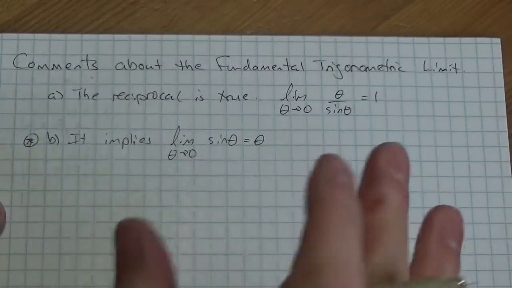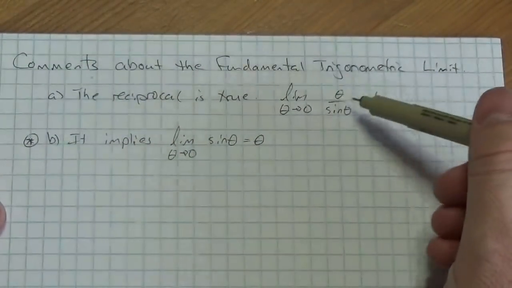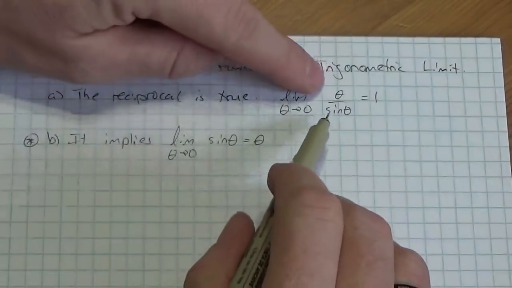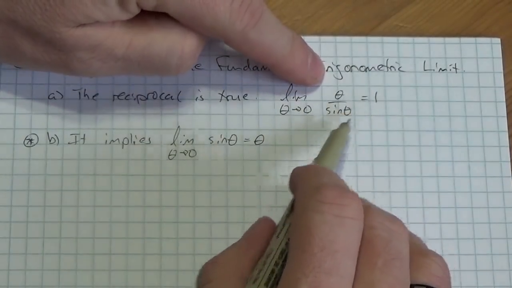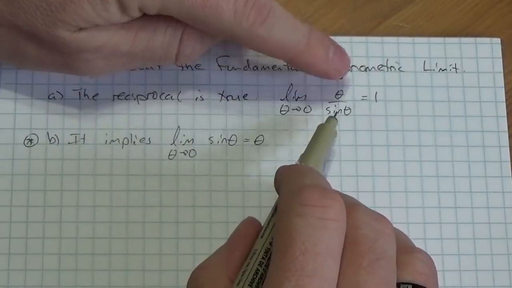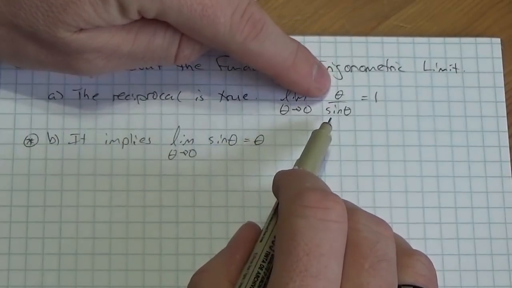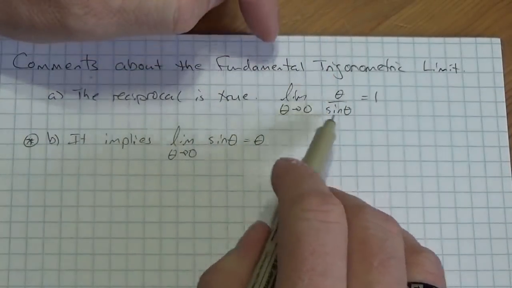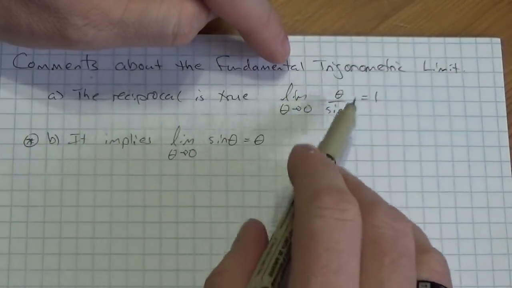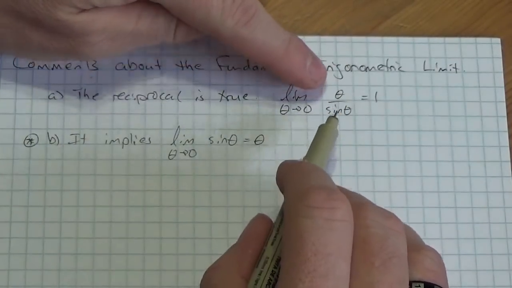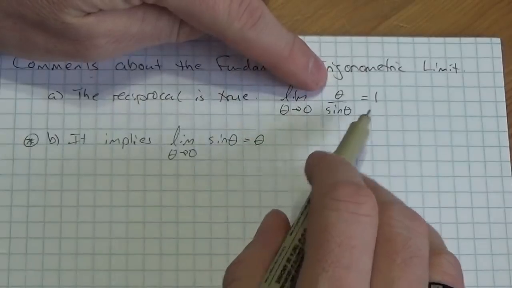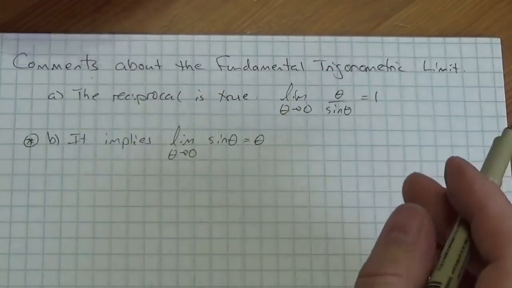Now just think about it for a quick second. We can go back up to our reciprocal. If this is becoming 1, then these two must be getting closer and closer to each other, where the limiting behavior is that they are the same. That's why the limit becomes 1.